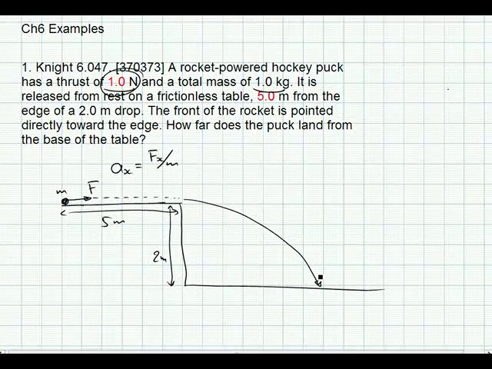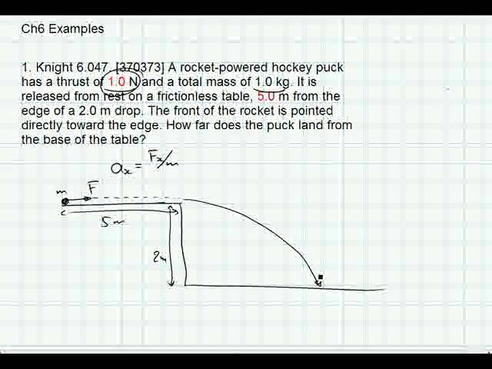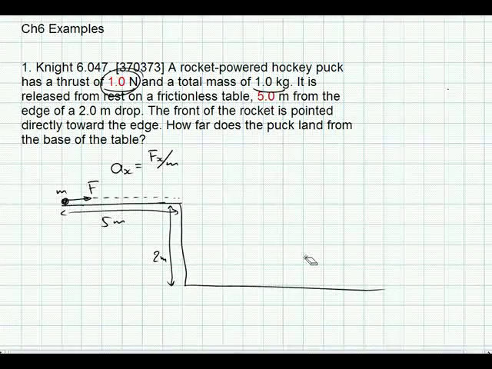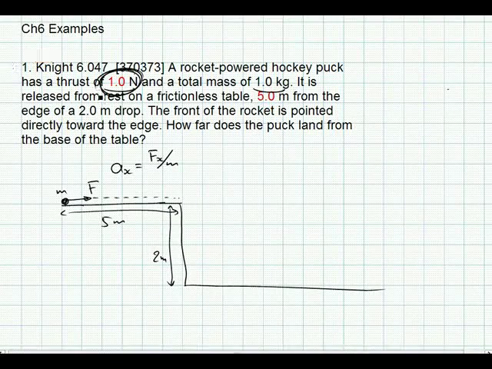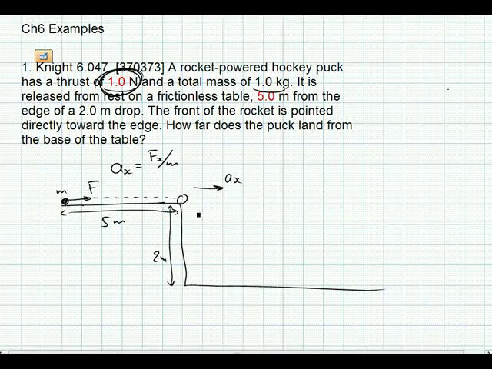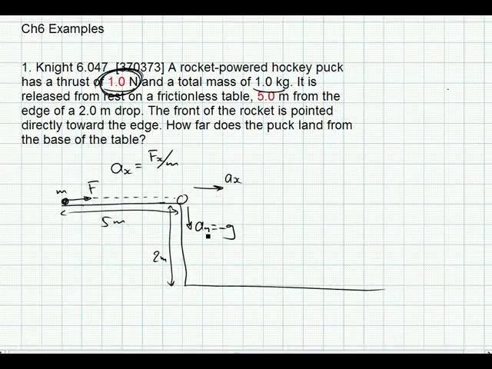My mistake. It will not assume a projectile motion. In fact, it will still have the thrust force from the rocket acting on it. So it will have an acceleration in the x direction, ax, but it will also have an acceleration in the y direction, which will be minus g downwards.